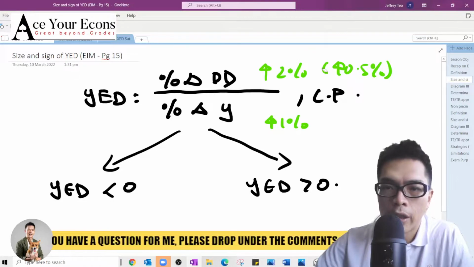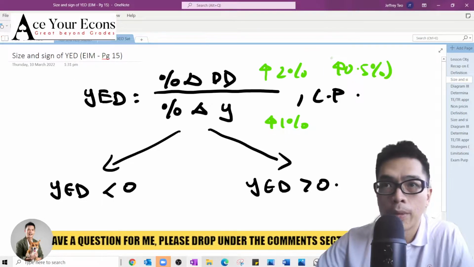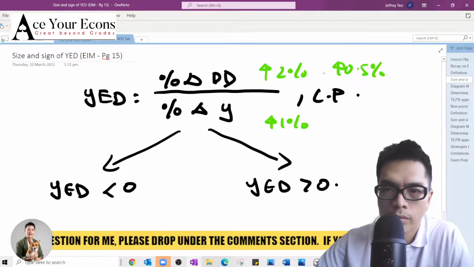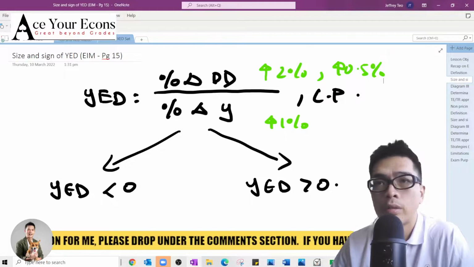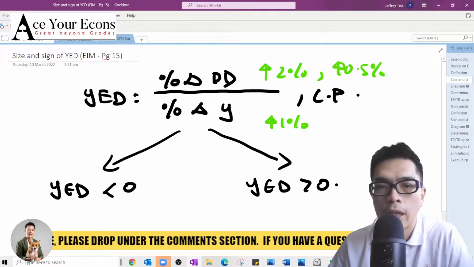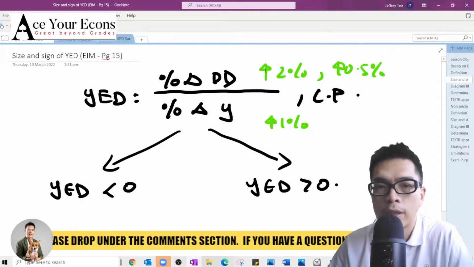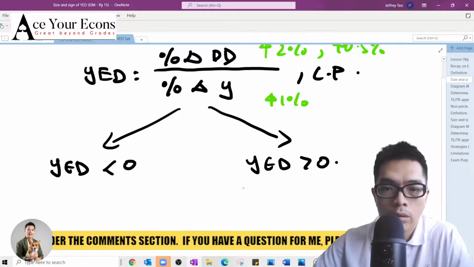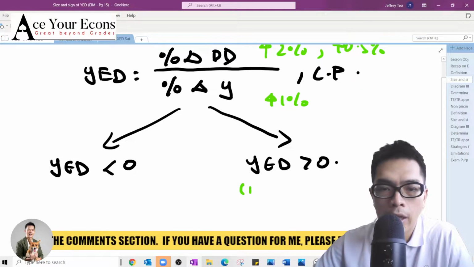Now, my question is, is it going to be greater or smaller than 0? Greater than 0. Right? So you can see that with an increase in household income, so long as your demand responds in the same direction, two positives will give you greater than 0. Right? So this is what we call a normal good.